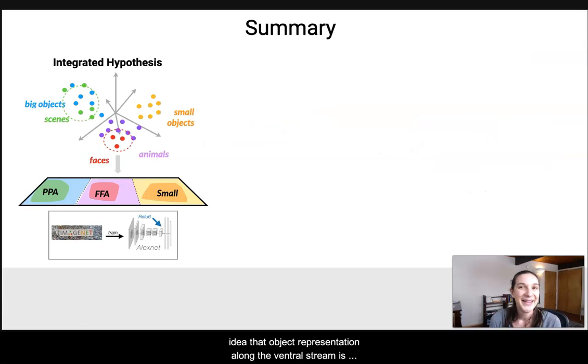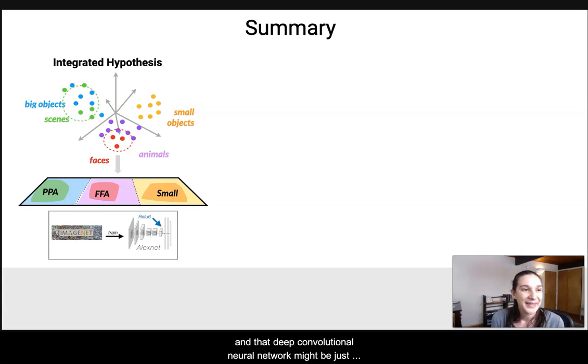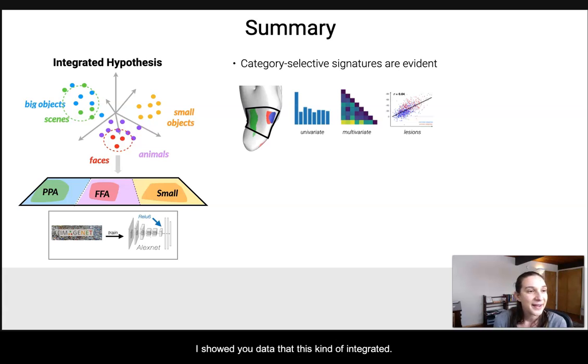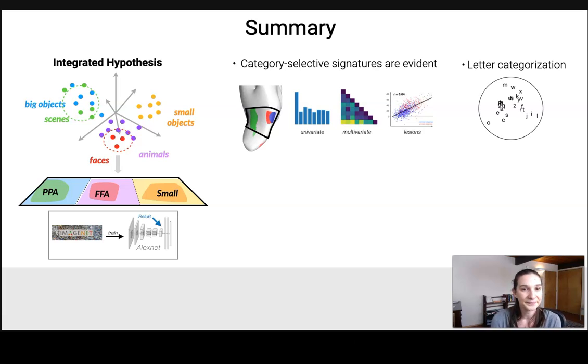So, to sum, I started out by posing the idea that object representation along the ventral stream is supported by an integrated feature space, and that deep convolutional neural networks might be just the tool to help us discover and articulate this hypothesis. I showed you data that this kind of integrated feature space can capture a lot of the category selective signatures, univariate responses, structure and multivariate responses, and even predictable lesion effects.